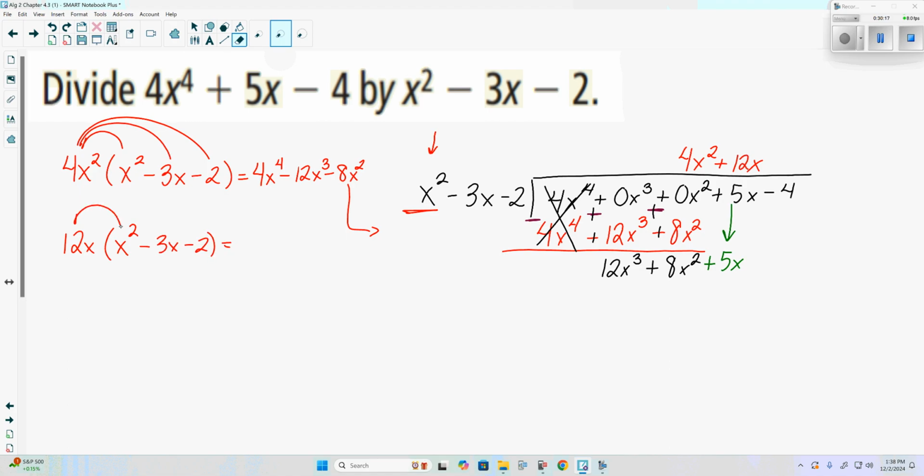Our first one is going to be our 12x times x squared, because 12 times 1 is 12, and x times x squared would give us x cubed. Our 12x times negative 3x: negative 3 times 12 is going to be negative 36, and x times x gives us x squared. 12x times negative 2: 12 times negative 2 is negative 24x.